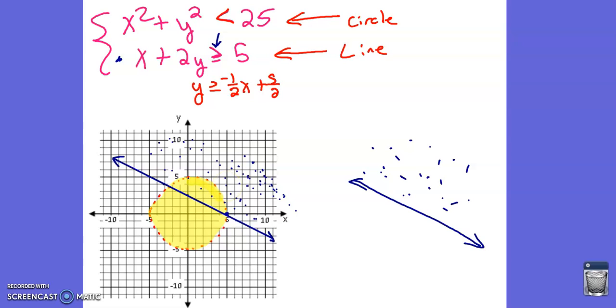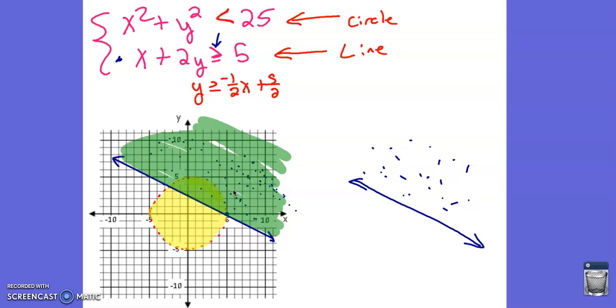So in other words, let me shade this, and I'll do it in green. And again, I'm doing this in parts. So if I shade everything on this side of the line, everything is shaded on that side. But notice the circle is shaded inside of the circle.